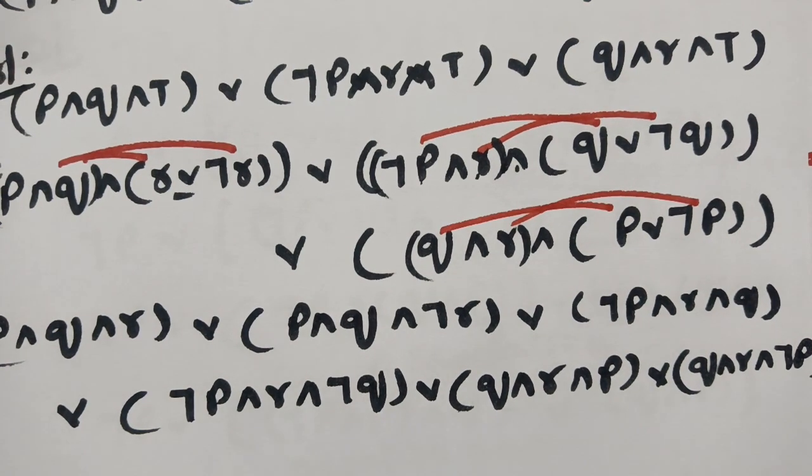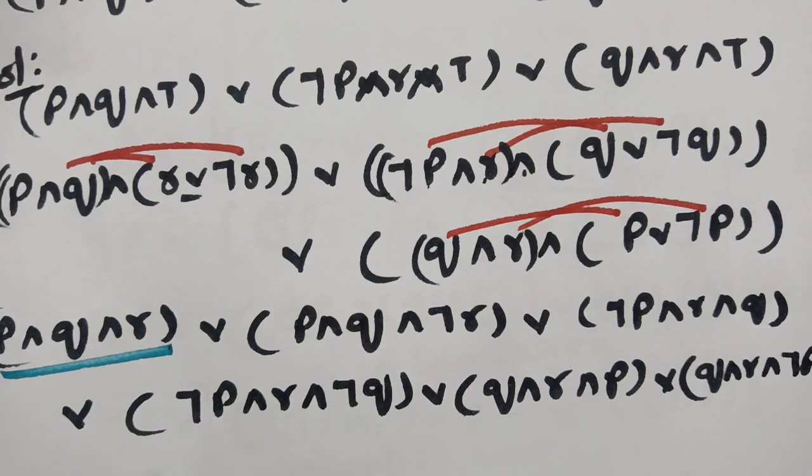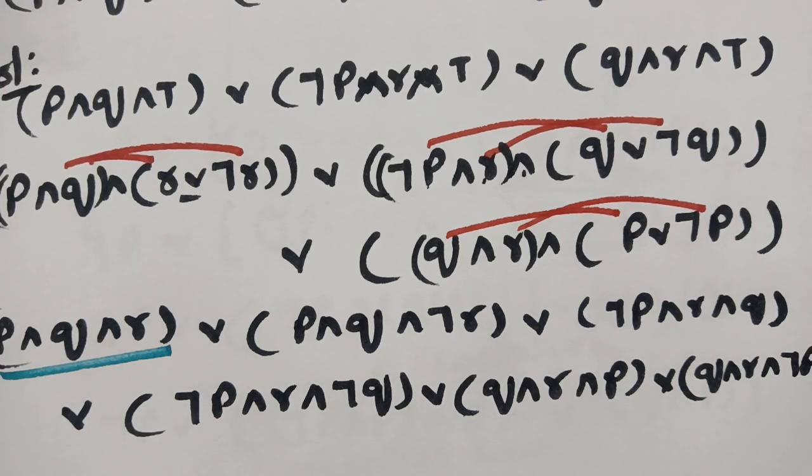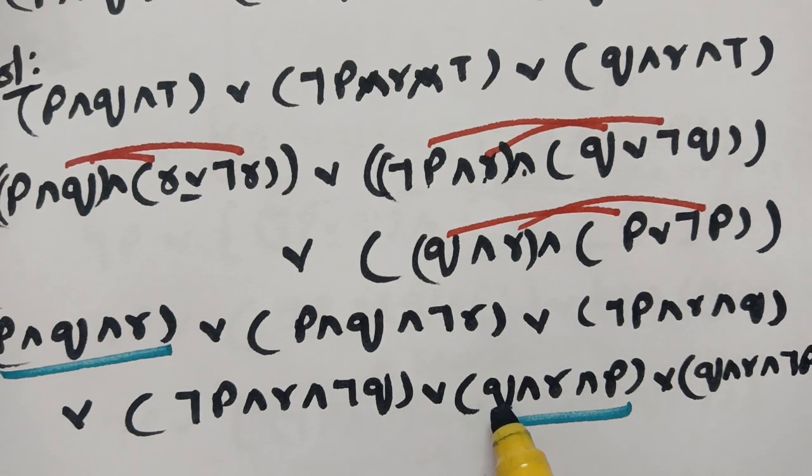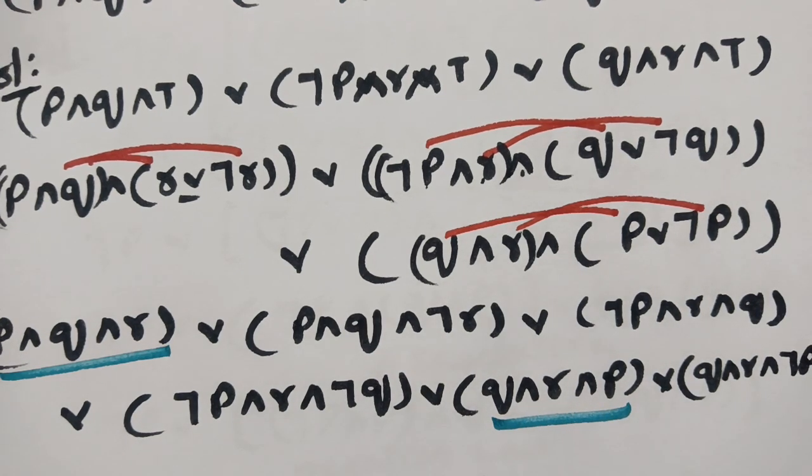So each one is distributed, and if you observe, there is PQR here, there is PQR here, and the next one there is again PQR.